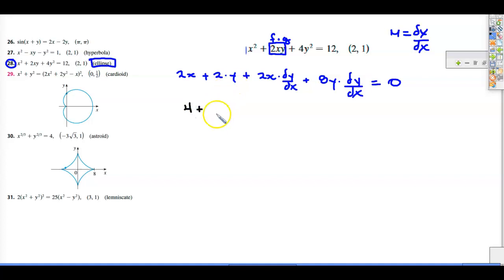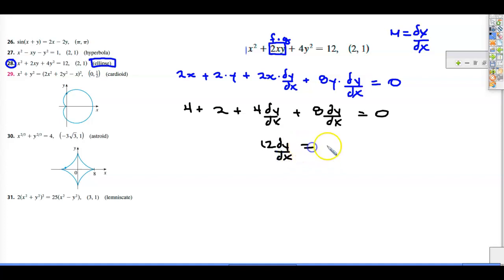If you put y to be 1, you get 2 plus 4 dy dx plus 8 dy dx equals 0. So when you add these, you're going to get 12 dy dx equals -6.